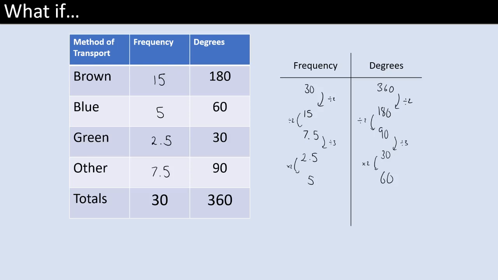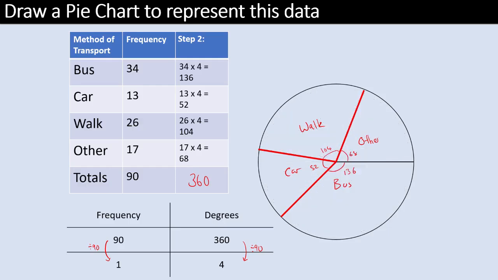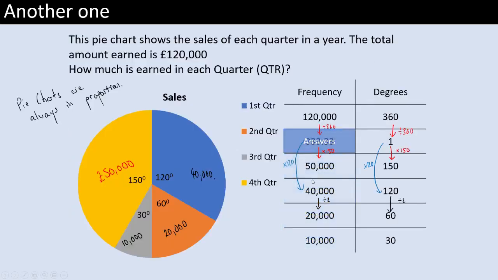Proportion tables are super, super useful. Okay. Whether you're drawing a pie chart or analyzing a pie chart. Okay. Those proportion tables are super, super useful. And use them. Okay. Ask yourself the question, how many degrees do I need for one person?